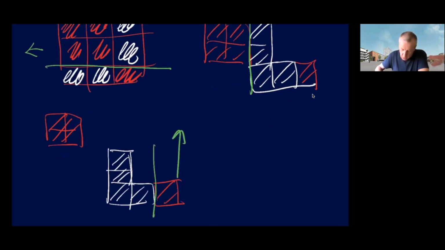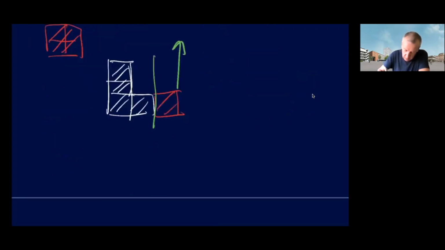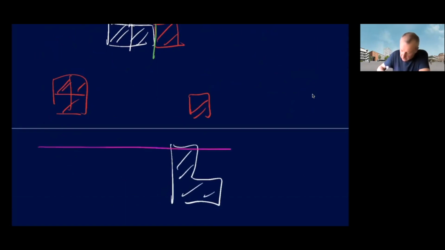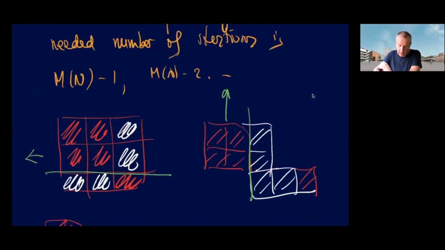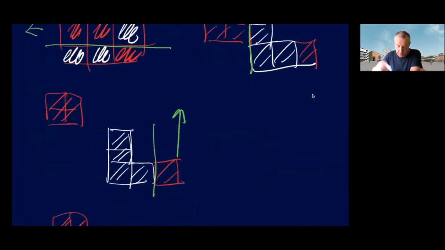I will push this one north, and that will be done, because I will be in a situation where I have four reds here, one red here, and then the white L will be down here, right? And then my interface is this: north is red, and south is white. Okay, so you see now how many iterations I did? I did 1, 2, and 3, much less.